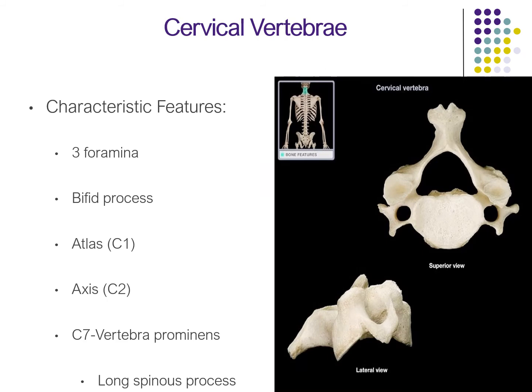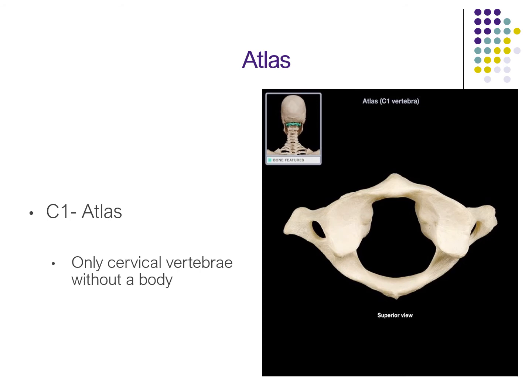So, characteristic features. The one that we are going to talk about now is the atlas. Remember that the atlas and the axis combine to make it so that your head can turn. This, however, is the only vertebra, period, without a body.